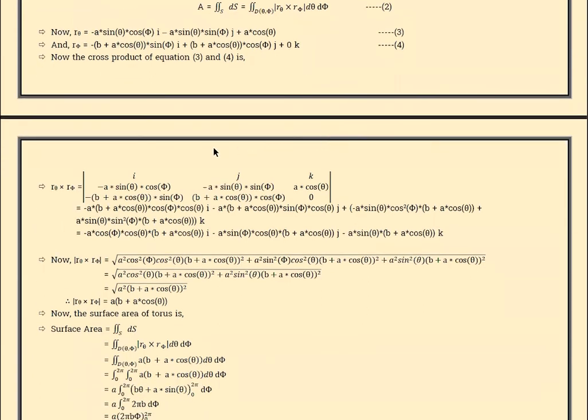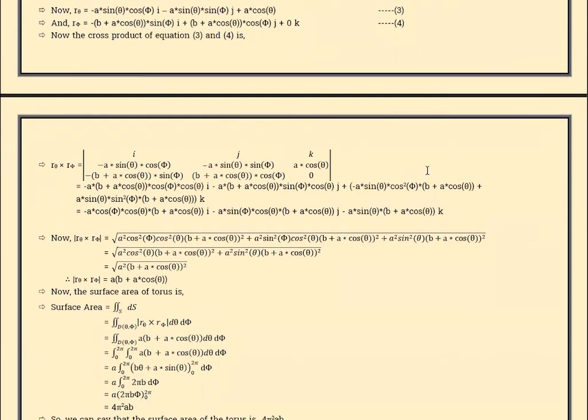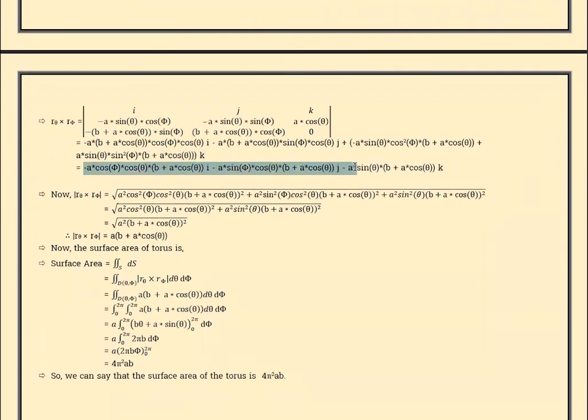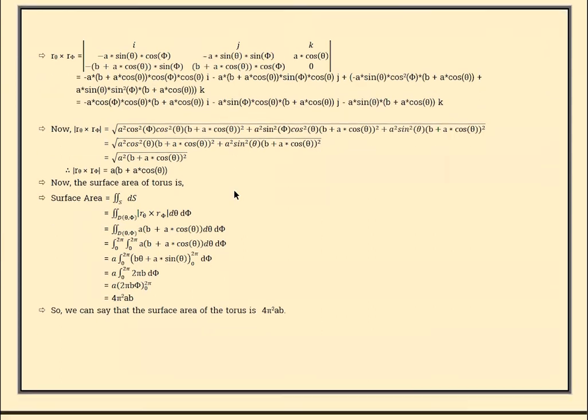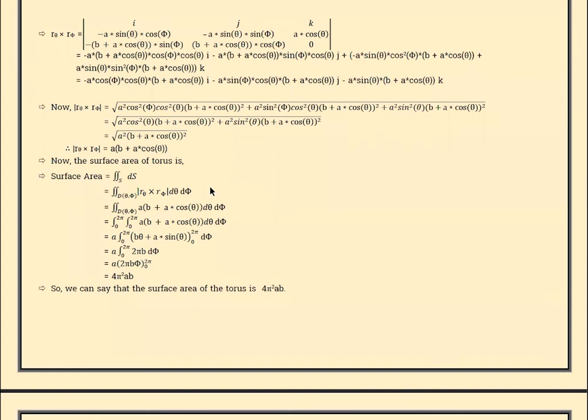Then we take the cross product of r_θ and r_φ. So we will get this equation, and from that we find the modulus of r_θ cross r_φ, which is given as a(b + a cos θ). So from that, the surface area of the torus is given by this integral, and we will get the surface area of the torus equal to 4π²ab.